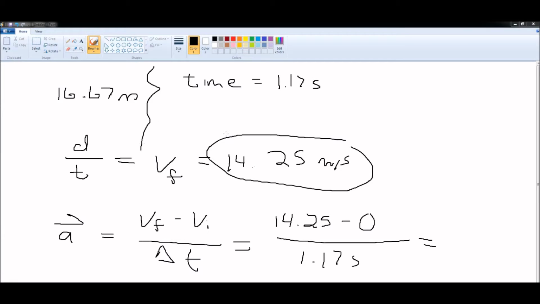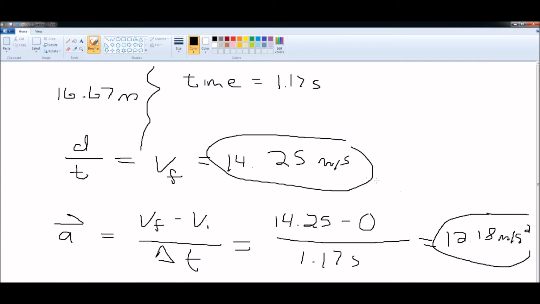Now, if we work that out, we will get 12.18 meters per second squared as our acceleration. So right there, we found our final velocity and our acceleration.